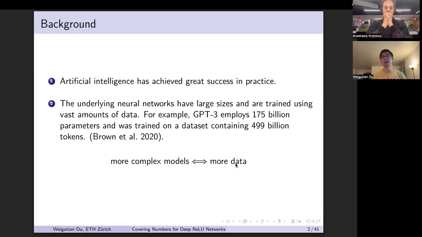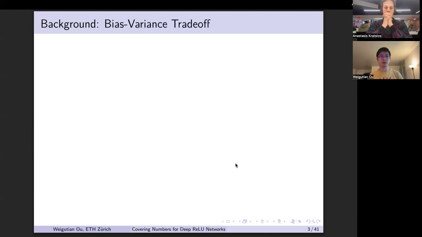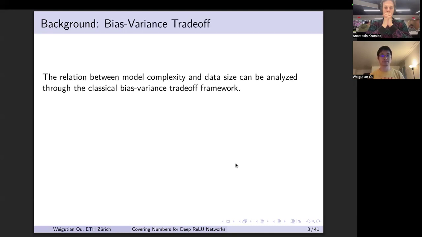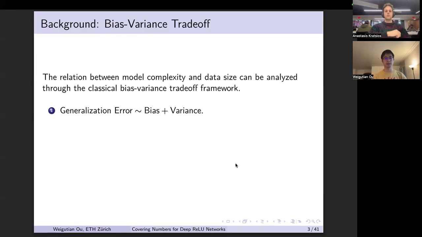One way to do that is to use the classical bias variance trade-off. In the classical bias variance trade-off, the generalization error can be decomposed into two parts, the bias part and the variance part. If we increase the model complexity, then the bias decreases because our model has better ability to approximate the unknown target function.